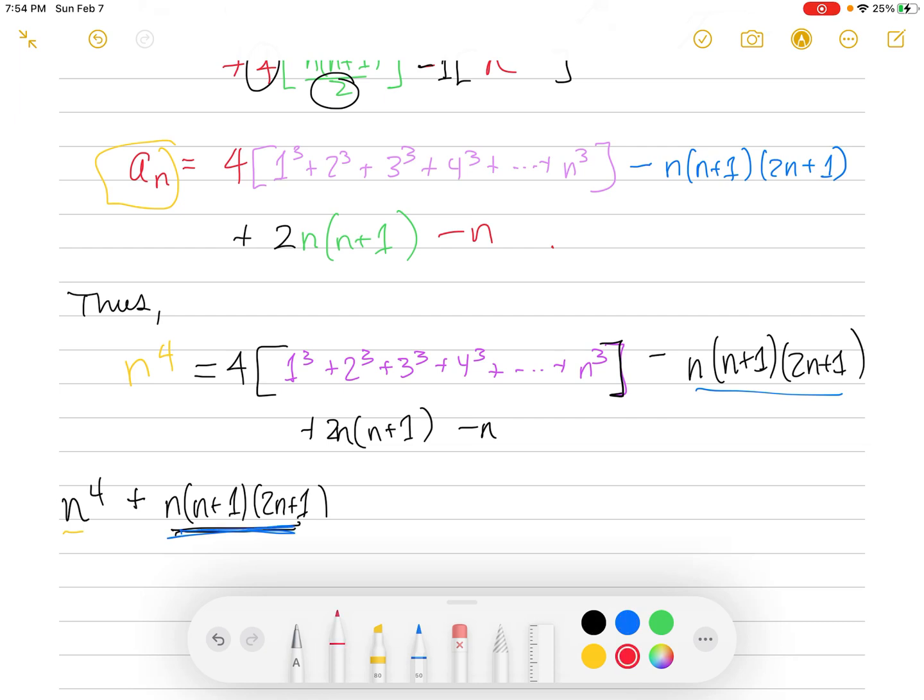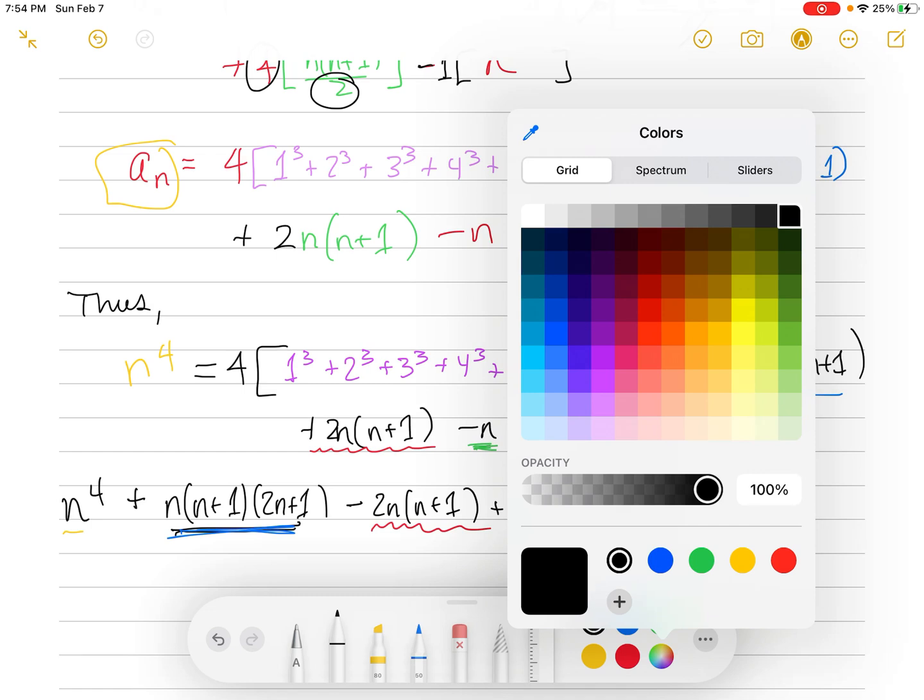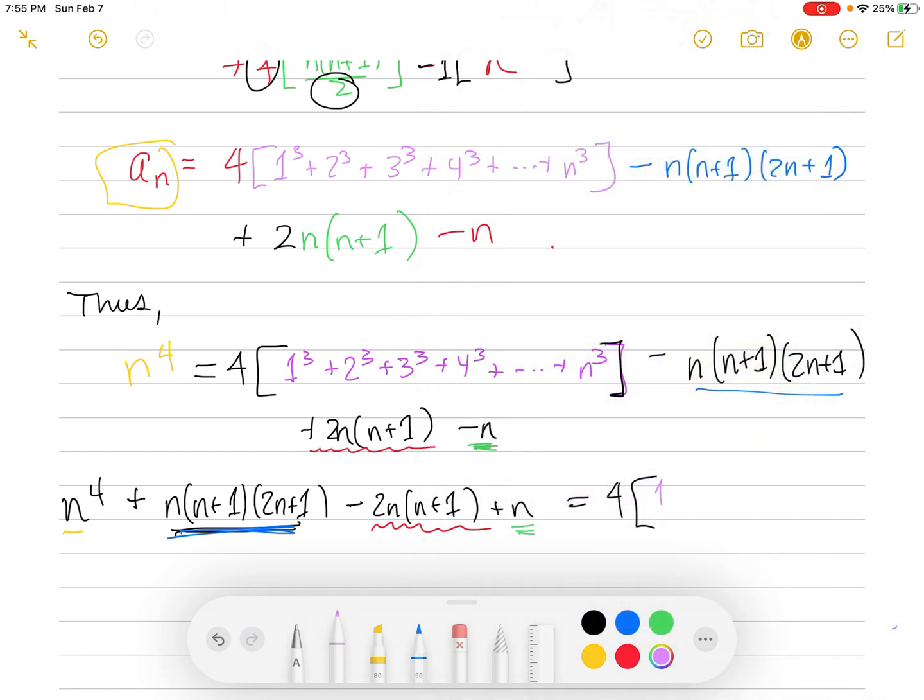Okay, and this dude right here, we're going to subtract that, so we're going to have minus 2n times n plus 1. And this one right here, we're going to add that, so we'll have plus n. That's going to be on the left side, and then on the right side, we're going to have 4 times the sum of cubes. Trying to solve for the sum of cubes here. 1 cube plus 2 cube plus 3 cube plus 4 cubed plus so on and so forth plus n cubed.